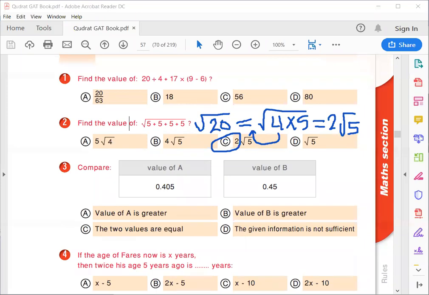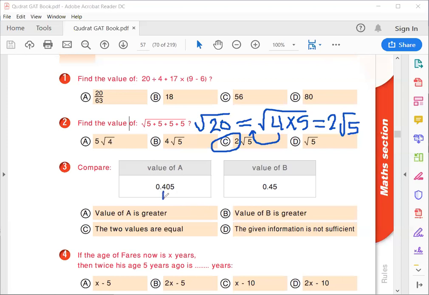Now compare between two values: 0.405 and 0.45. What is the answer here? Which value is greater, value of A or value of B?